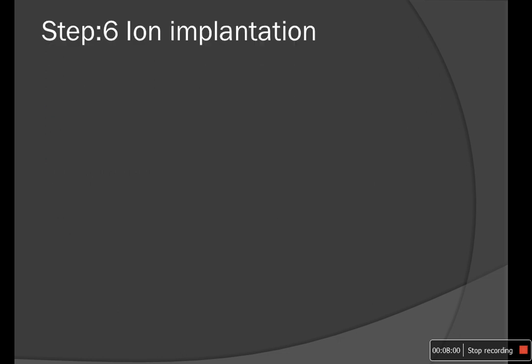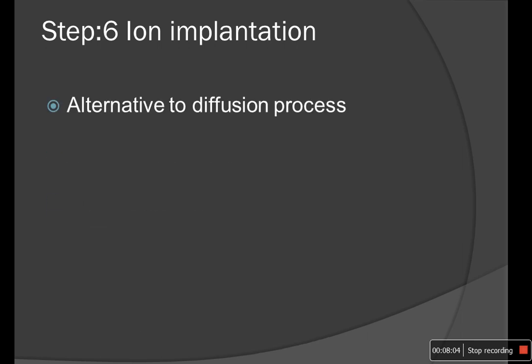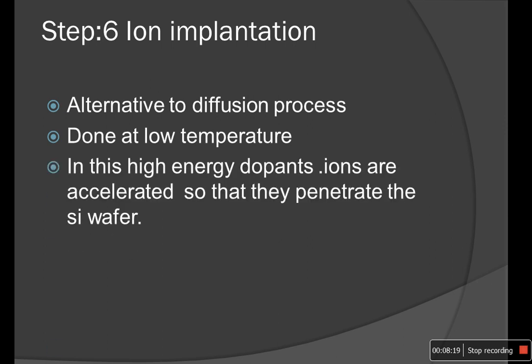Next is ion implantation. It is also similar to the diffusion process, but it is done at low temperature. Depending on the condition, we can go for diffusion or ion implantation. Ion implantation is an alternative to the diffusion process. It is done at low temperature, and high energy dopant ions are accelerated so that they penetrate into the silicon wafer.